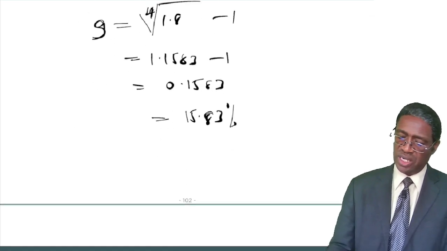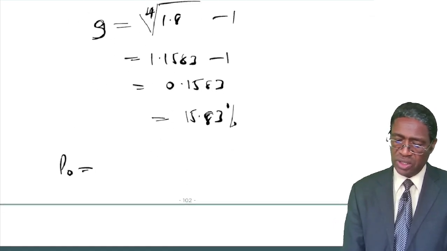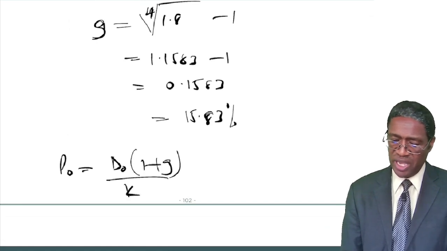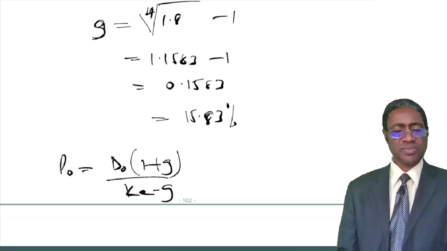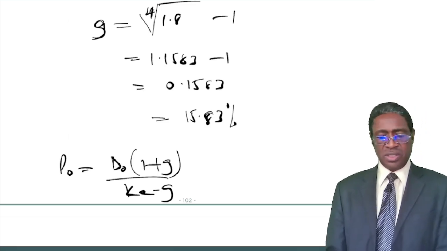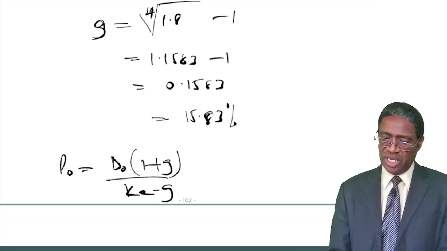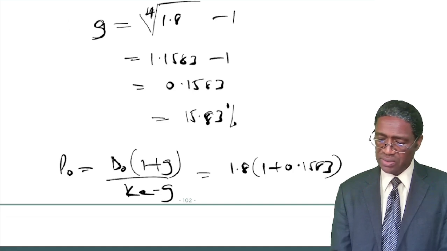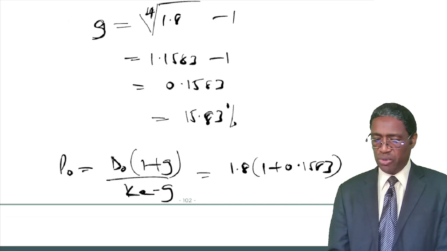So let's calculate the P0, which I've said is D0 into 1 plus g divided by Ke minus g. So what is D? D is 1.8 into 1 plus 0.1583.